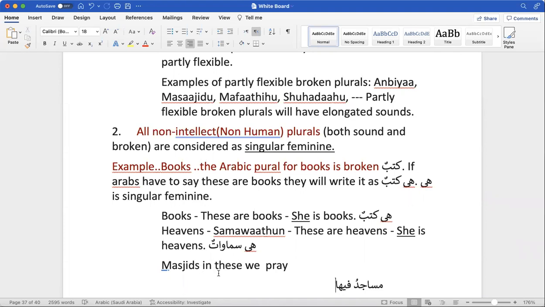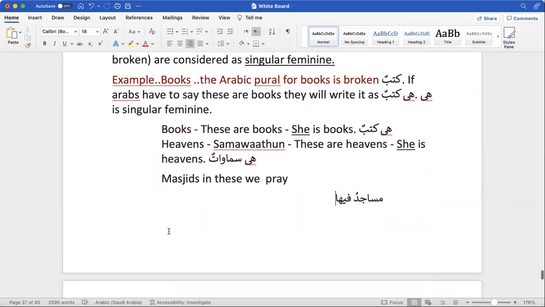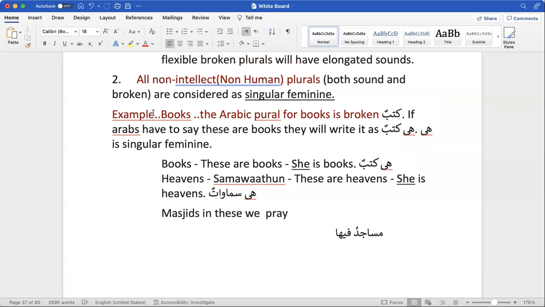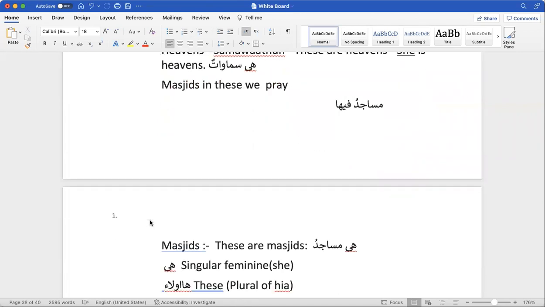But in Arabic, you will have pointing words, plurals or attached pronouns that are singular feminine for some words. And those words will be only non-human broken or non-human normal plurals. So let's move forward.